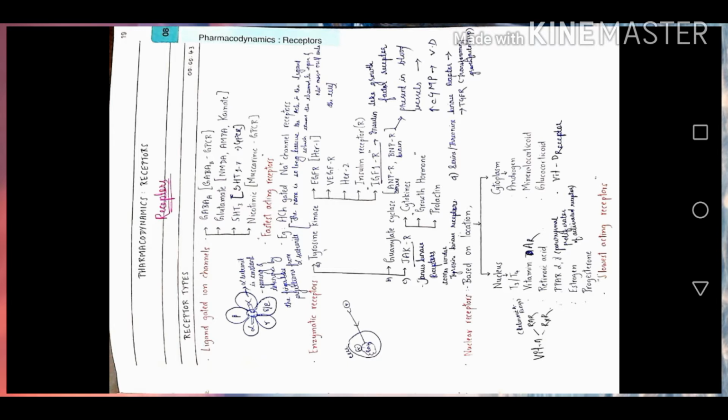If they give the example of JAK receptor and they don't give JAK receptor in the options, but tyrosine kinase will be there, then please mark the tyrosine kinase receptor because it is a subpart of the tyrosine kinase receptor. So I am here giving the JAK receptor subtype, means examples are cytokines, growth factor, growth hormones, and the prolactin.